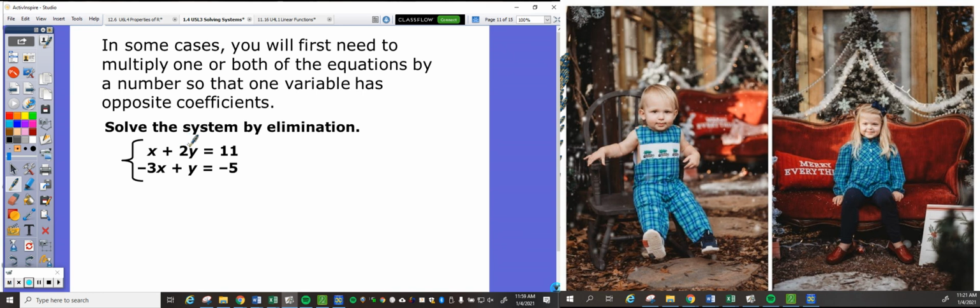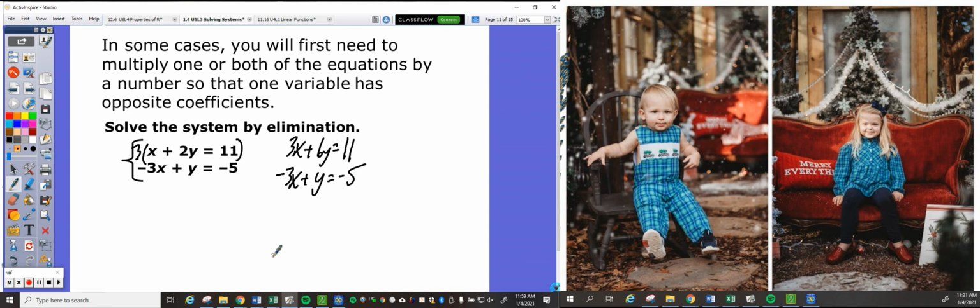So I'm going to have to multiply one of the equations by a number in order to be able to eliminate one of the variables. Somebody give me a suggestion. Okay, so I'll multiply the top equation by 3. So we have 3x plus 6y equals 11, and negative 3x plus y equals negative 5.